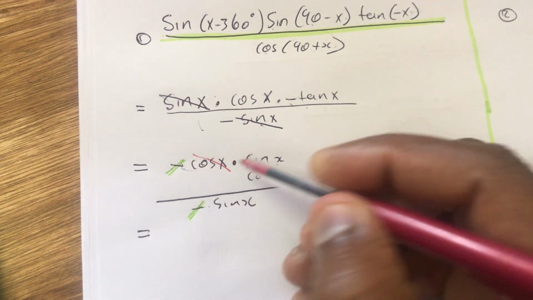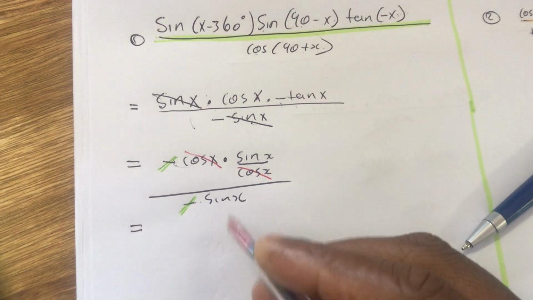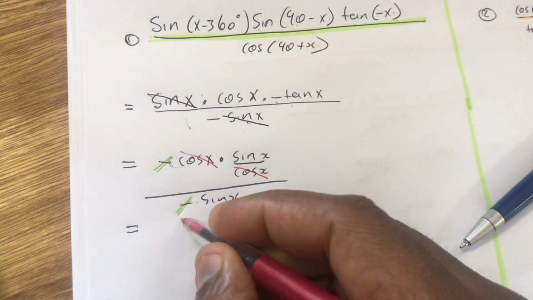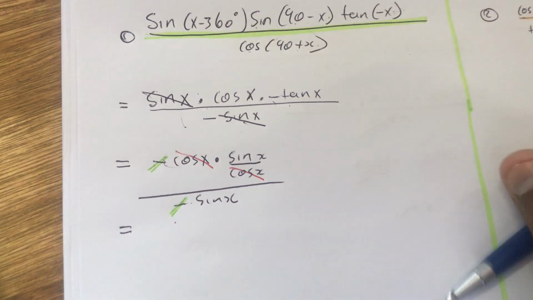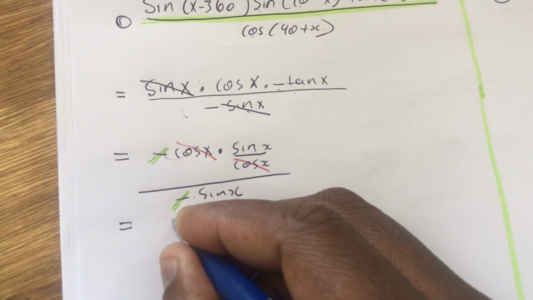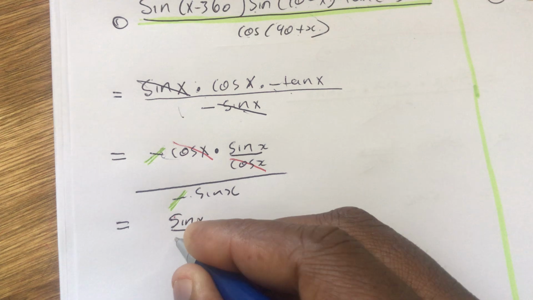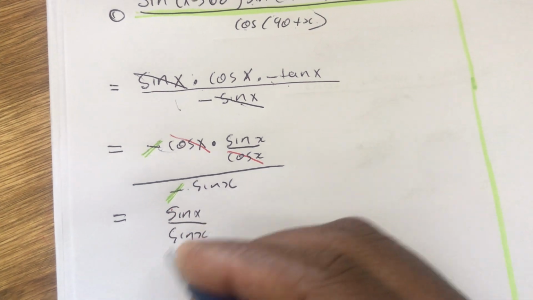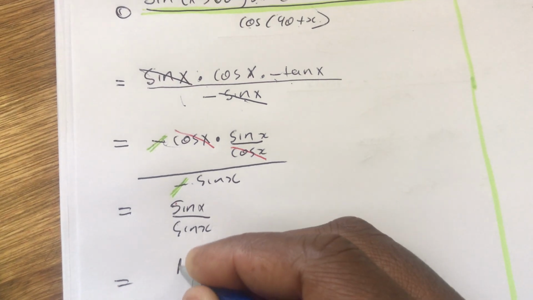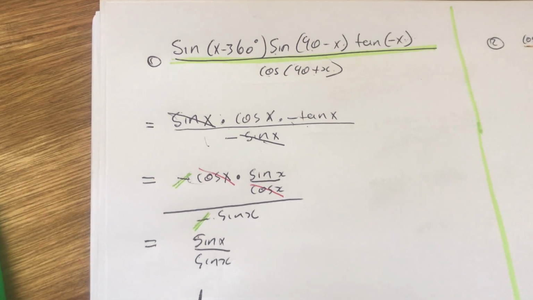You cancel cos x and cos x, and then you remain with sine x. Let me use the black pen, sorry for that. You remain with the sine of x divided by the sine of x, which is equal to 1. So the answer here is 1.